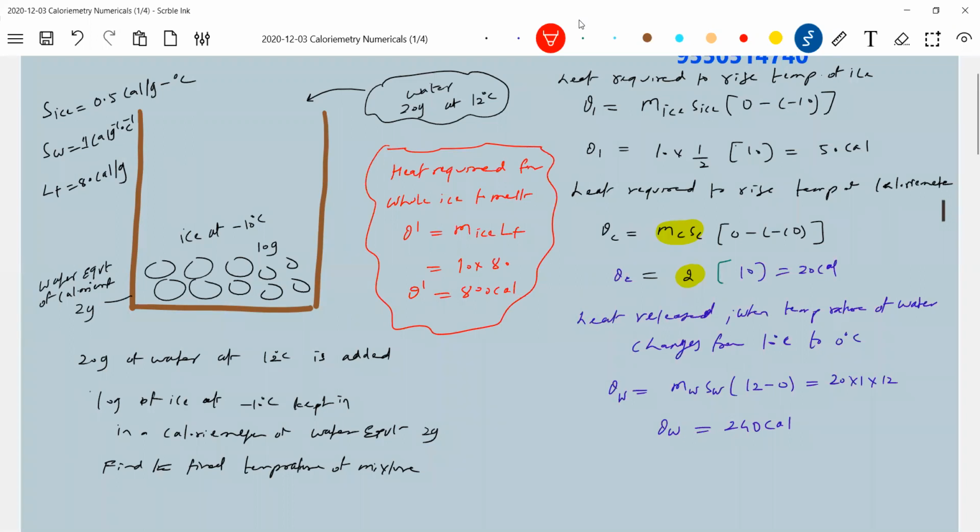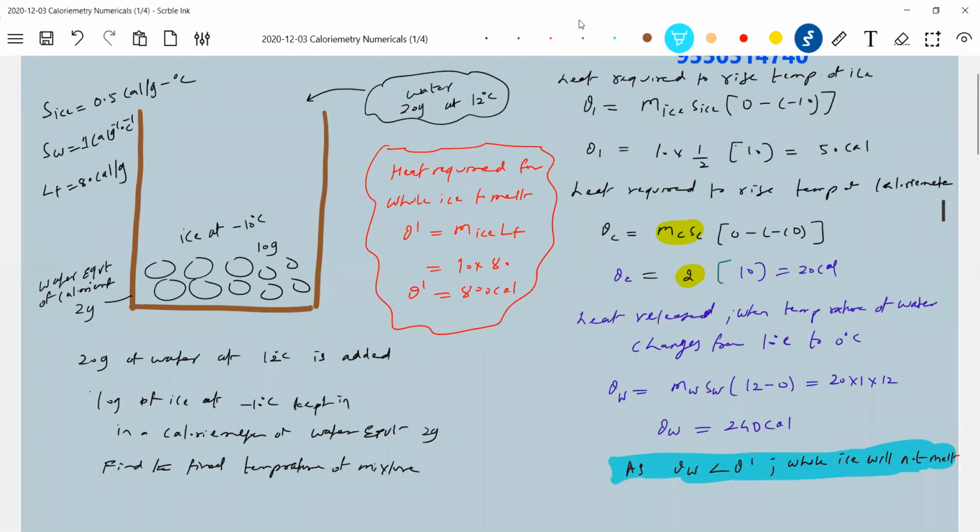So therefore the whole ice will not melt, as QW is less than Q dash. Now this statement is something very important: the whole ice will not melt.